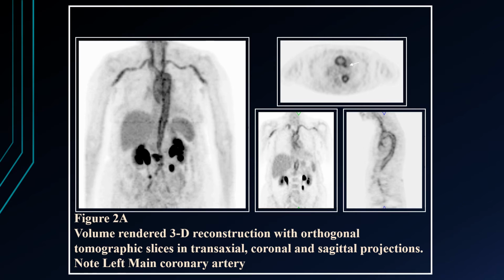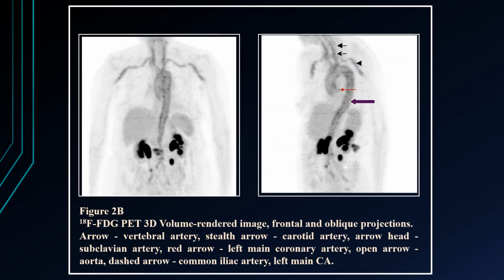And in fact, you can see that this focus right here is actually the left main coronary artery, which is also lighting up as a result of the vasculitis. And again, similar kind of picture, showing you from a different angle all the different vessels that are lighting up and involved in this disease process.